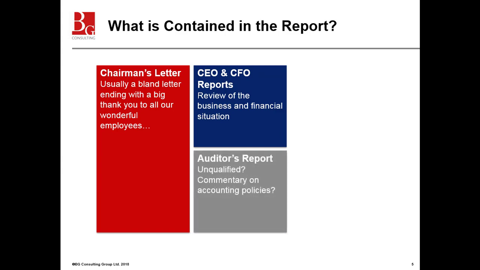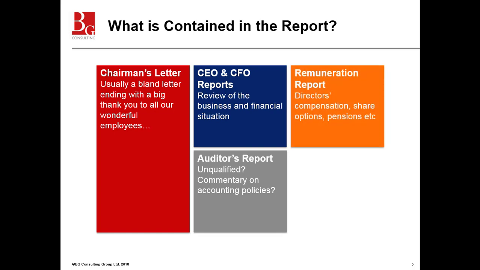Then we would also have the auditor's report. Hopefully there's a clean audit report. That means it's unqualified and the accountants agree that the report has been correctly prepared and show a true and fair view of the company. There might also be a commentary on specific accounting policies that the company's used.